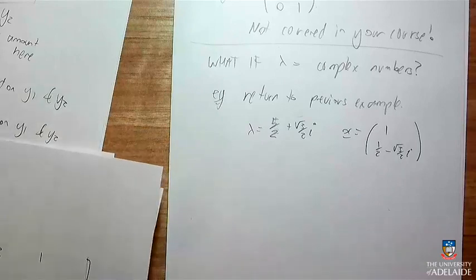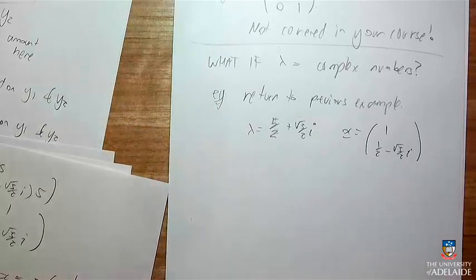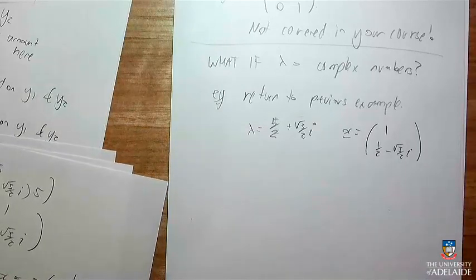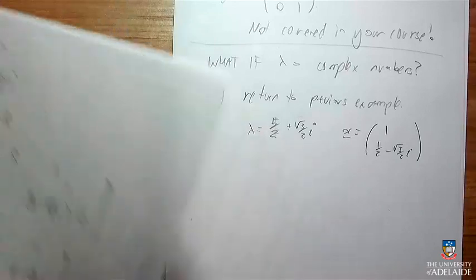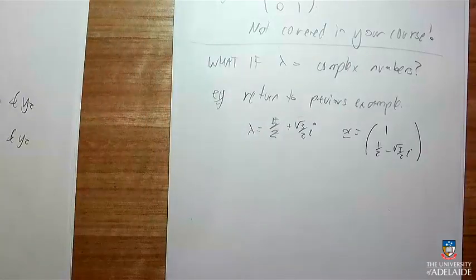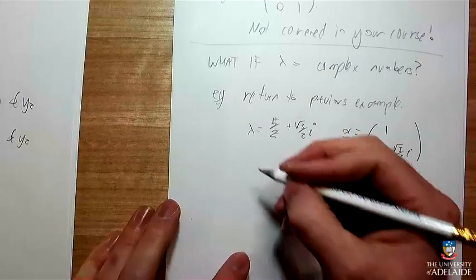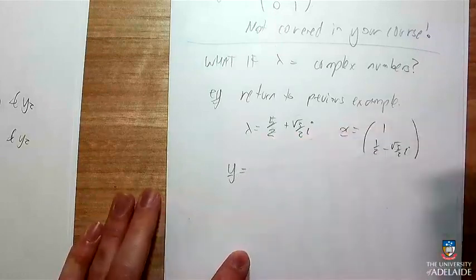Yep. It was a plus. No, it wasn't. Okay. All right. That's what I had. And so I'm going to make a solution out of that. So my solution that goes with that is this.